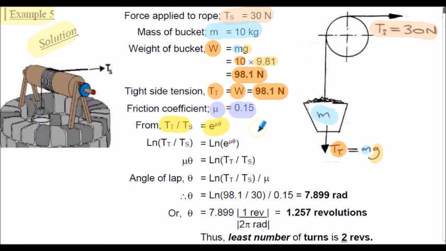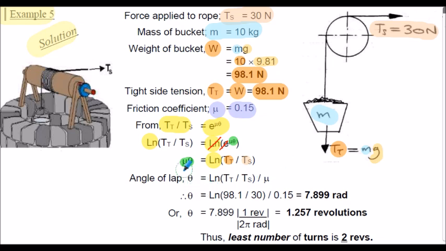As in a previous lecture on solution of indicial equations, if you need a recap, essentially the process requires us to take natural logarithms of both sides of the equation. So on the right hand side, the ln cancels with the exponential function. We're left with mu theta, which is now shown here on the left hand side, and that's equal to ln of Tt divided by Ts on the right hand side.